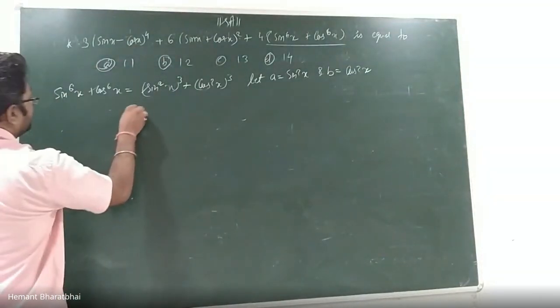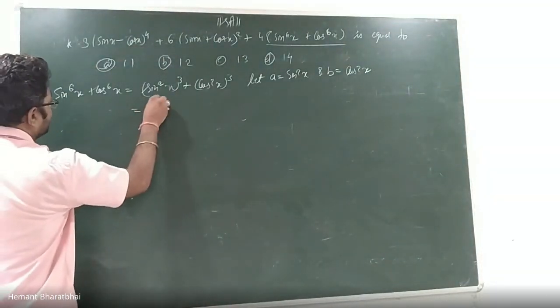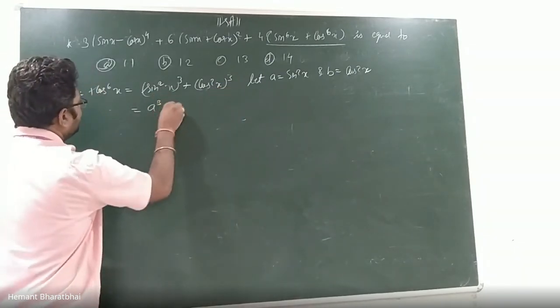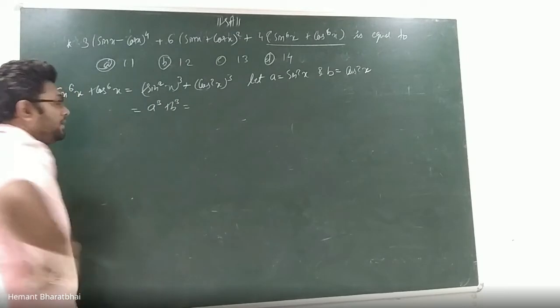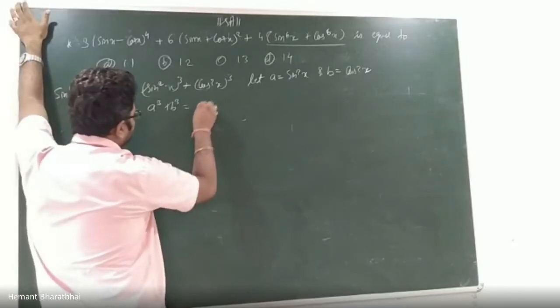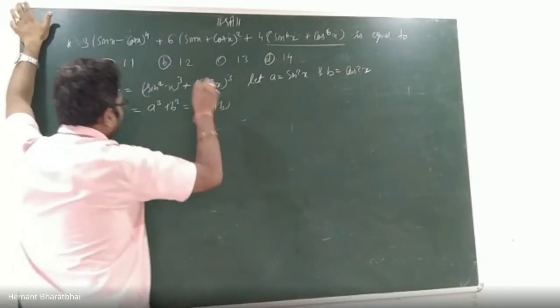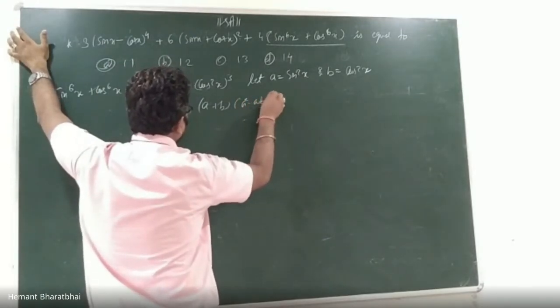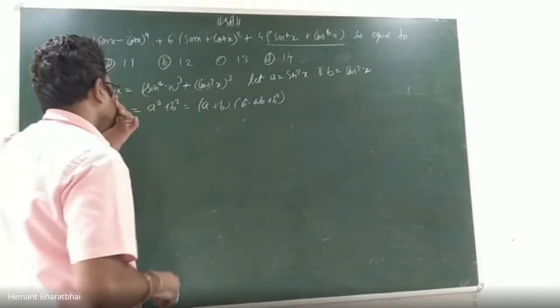Therefore, this can be written as A cube, since sin square x is nothing but A, so it becomes A cube plus B cube. Now A cube plus B cube can be written in two ways. One is A plus B into A square minus AB plus B square.